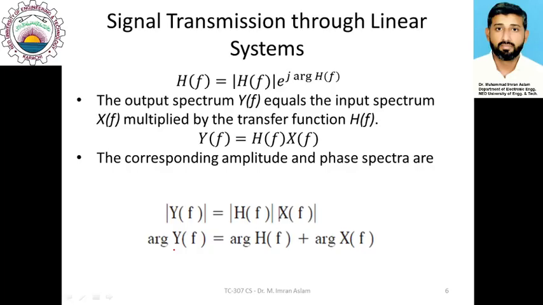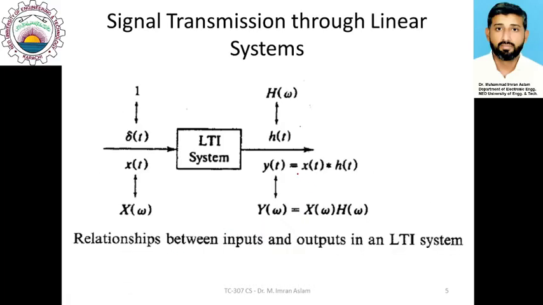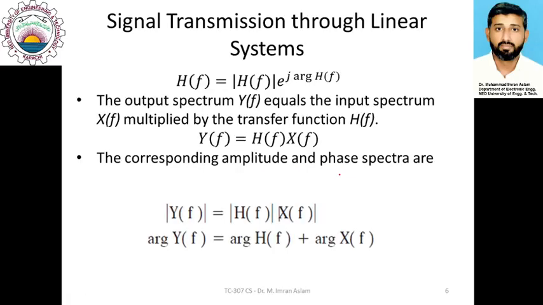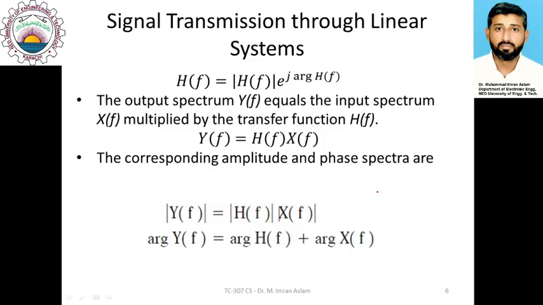Alternatively, you can use the convolution operation to calculate the output in the time domain. So this is how we represent a system in the time domain as well as in the frequency domain. And I have also described these two equations. They are used to calculate the amplitude and phase of the output if you know the amplitude and phase of the input.